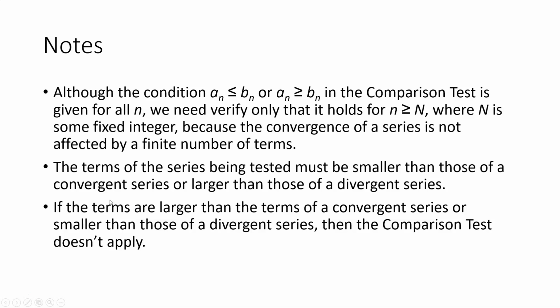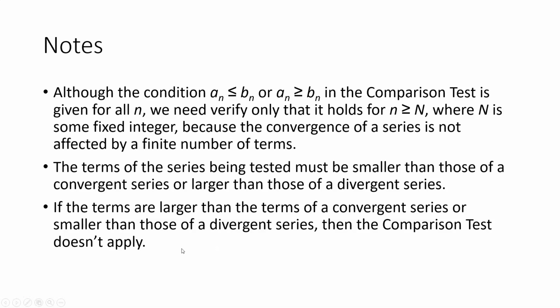So another note is that the terms of the series being tested must be smaller than those of a convergent series or larger than those of a divergent series. So again, the direction of that inequality is really an important part of the argument that you're making. And if the terms are larger than the terms of a convergent series or smaller than those of a divergent series, then the comparison test doesn't apply.